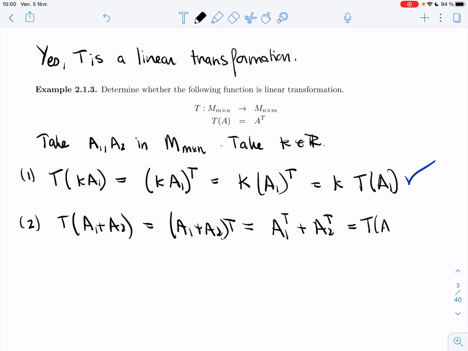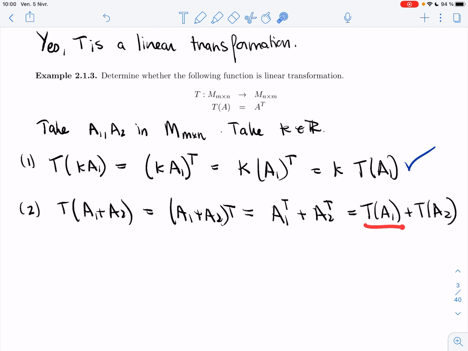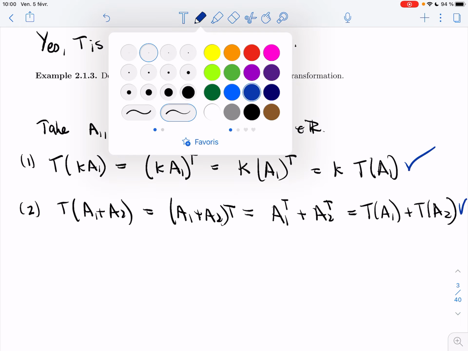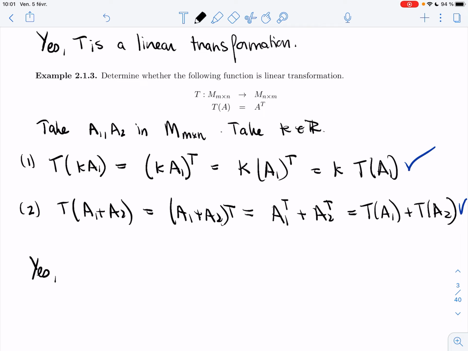It's only scalar multiplication and addition, and those act well with the transpose. And so, yep, I get the sum, and so property 2 holds as well. And so, yes, it turns out this one is a linear transformation.